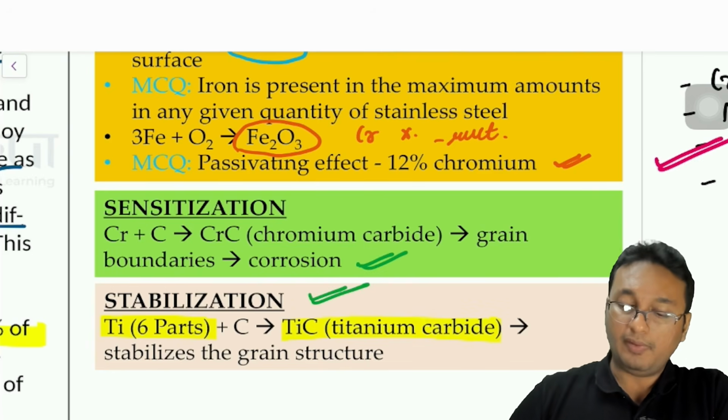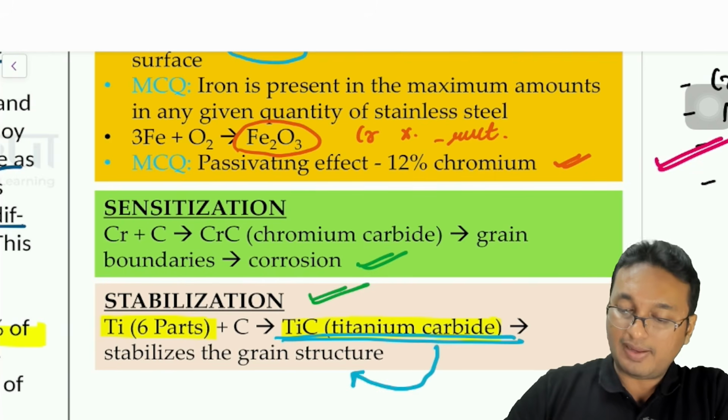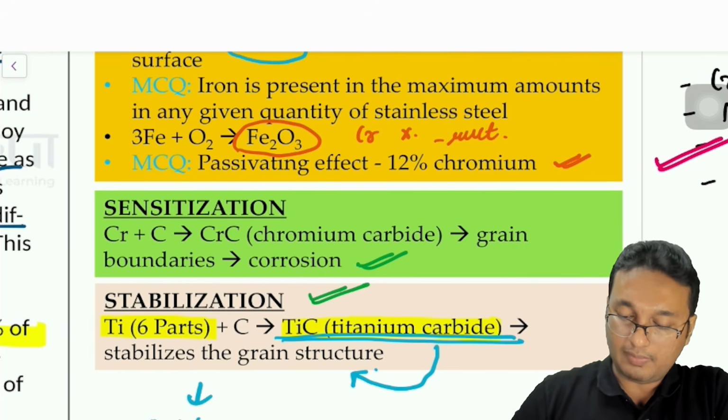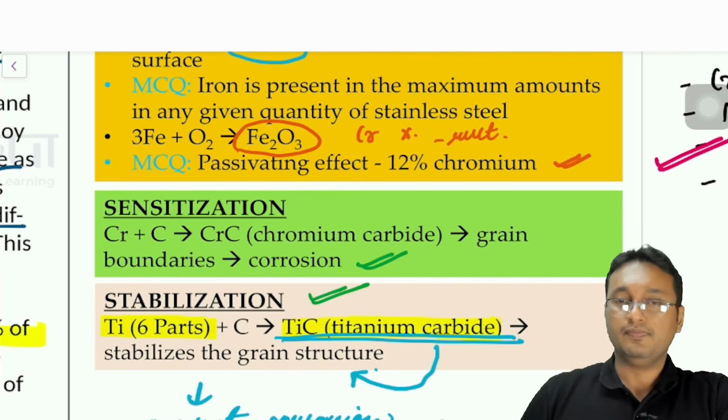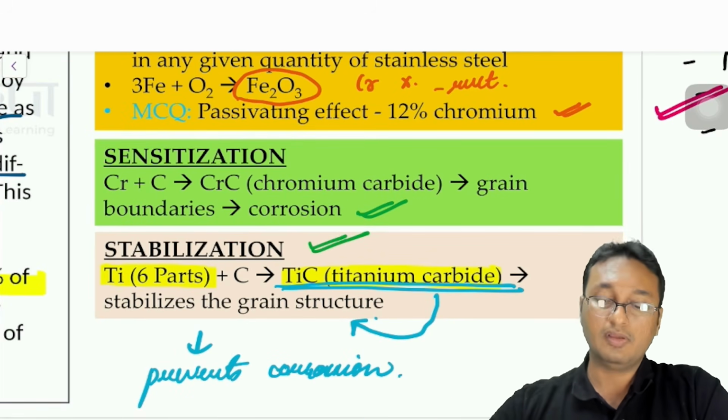And the chemical property of this particular compound, titanium carbide, is that it stabilizes the grain structure and thereby prevents corrosion.